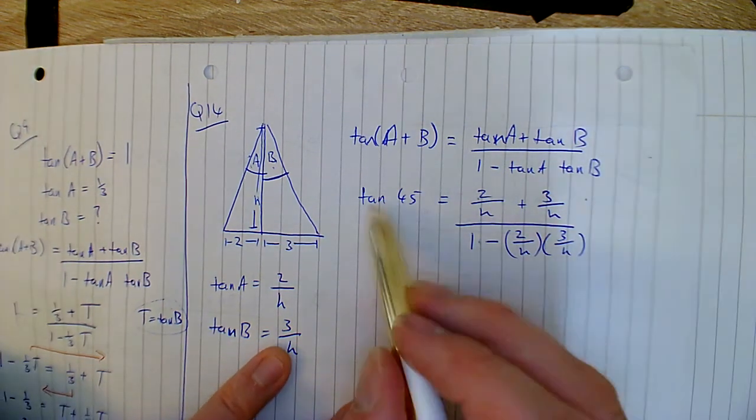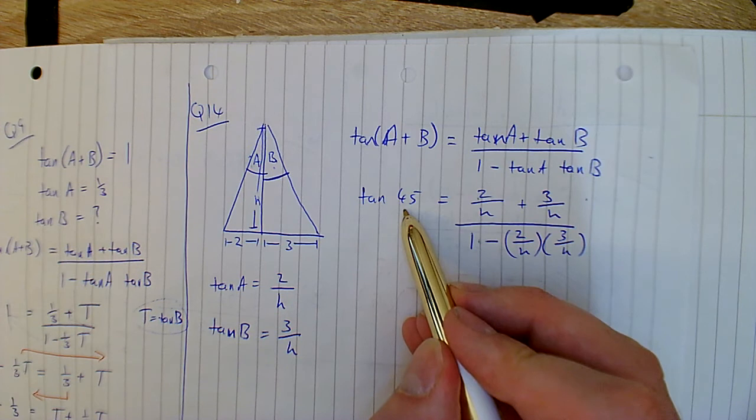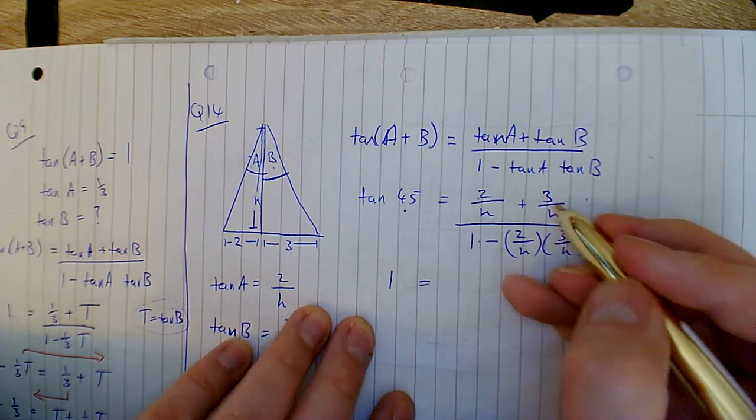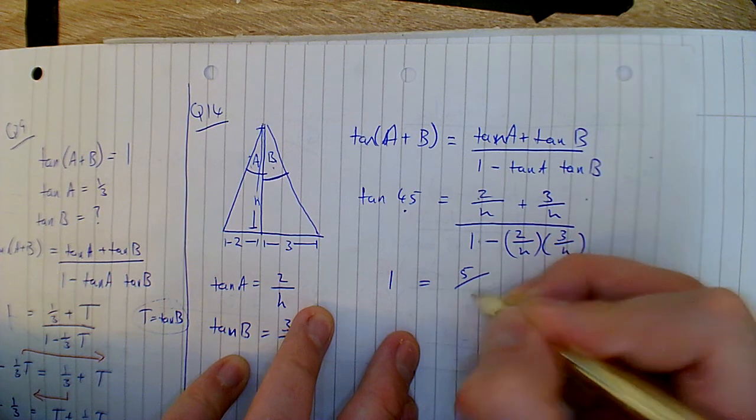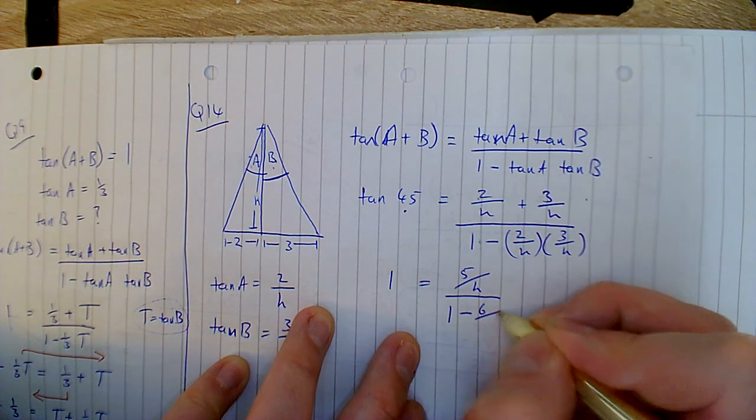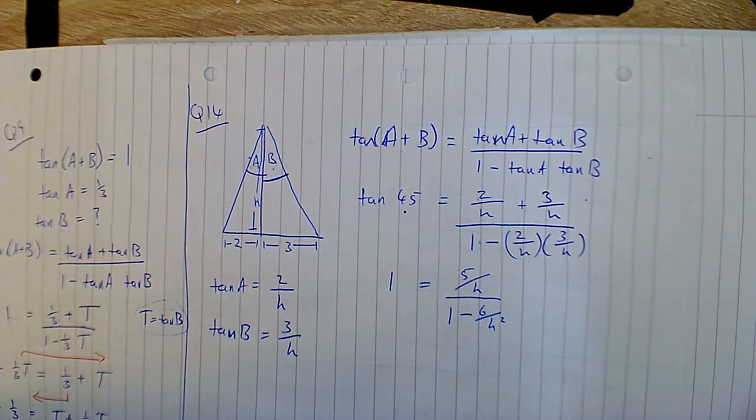Well, what do we get? Tan of 45, if you look it up on page 13, is 1. So you get 1 equals, they can go together because you've got a common denominator of h, 5 over h divided by 1 minus 6 over h squared.